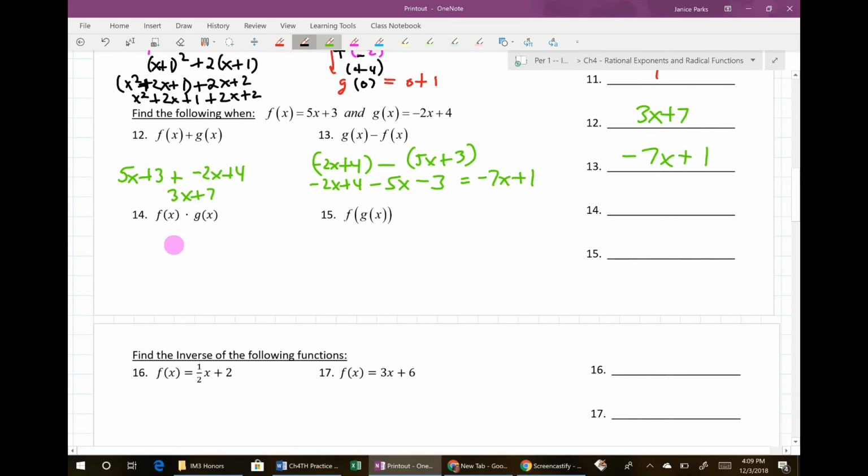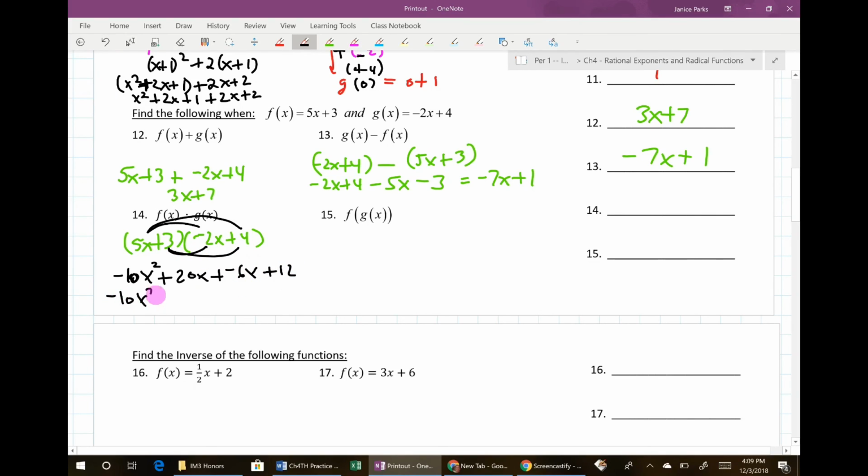And for number 14, f of x times g of x is going to be 5x plus 3 times negative 2x plus 4. You can use the box method if you want. I'm just going to distribute: negative 10x squared plus 20x, plus the negative 6x and plus 12.